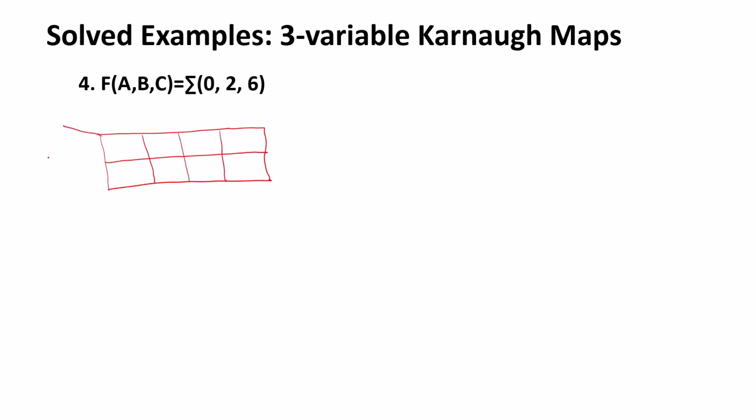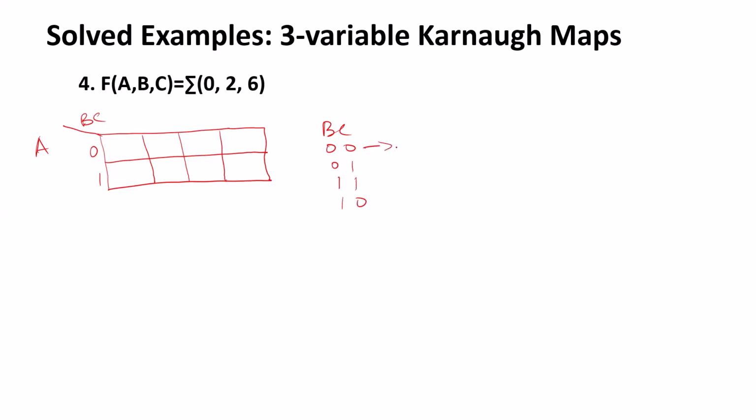So now this is A and this is BC. So this returns 0. We have this possibility. Then for the BC, we know that we can either have 0, 0, 0, 1, 1, 0, 1, 1, and 1, 0.